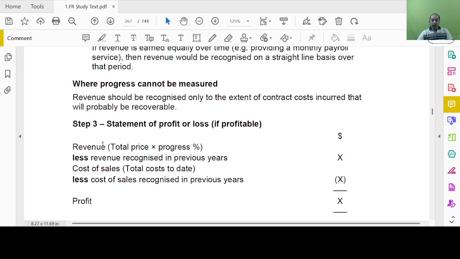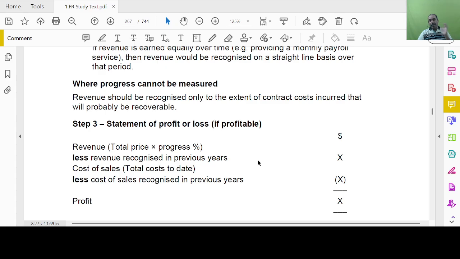Statement of profit or loss will show the revenue for the current year on the basis of the progress of work completed. So the second step will give me the percentage of work completed. So that percentage of work completed multiplied by the total contract price. You can see here, total price multiplied by the progress percentage of work completed. Less from that, revenue recognized in the earlier years.